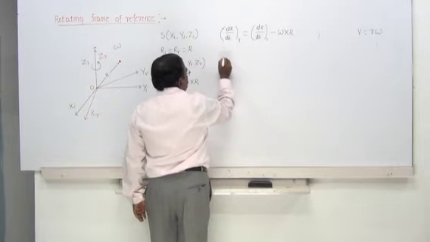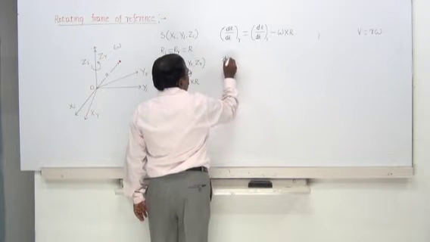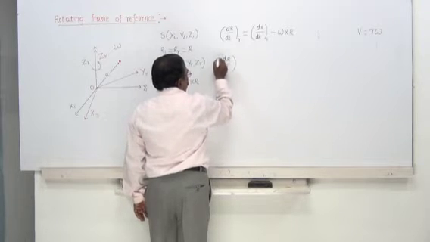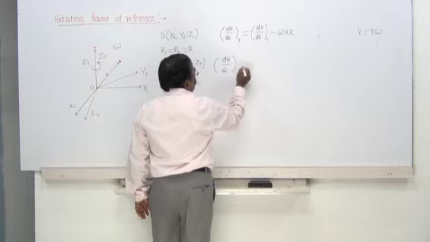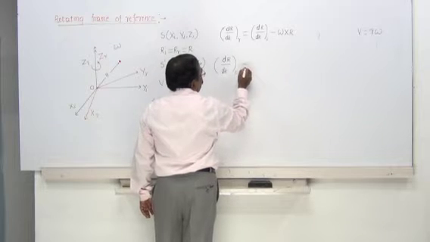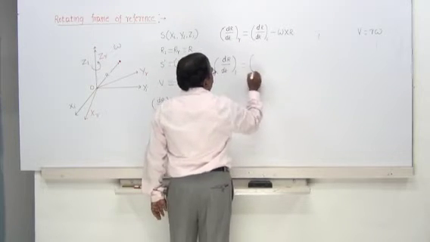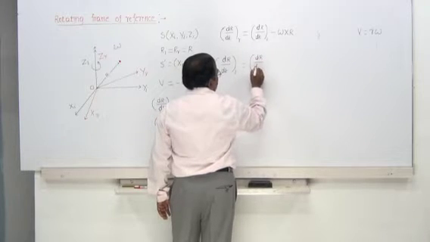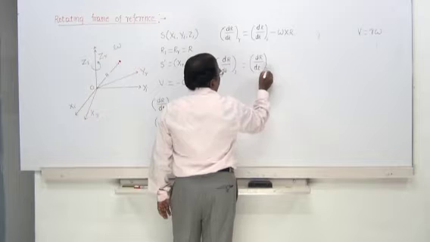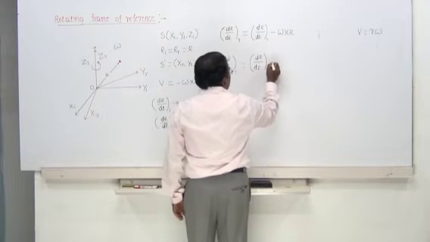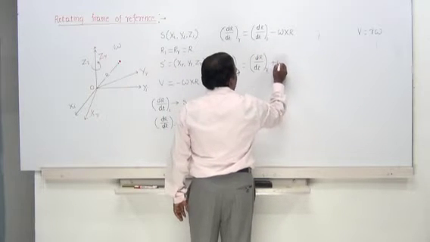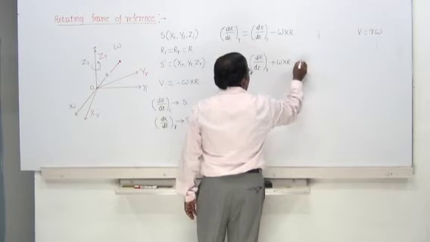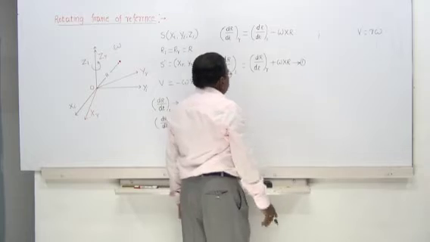It is dr upon dt in the inertial frame. This is what your dr upon dt in the rotating frame becomes, plus omega into r. Call this equation 1.